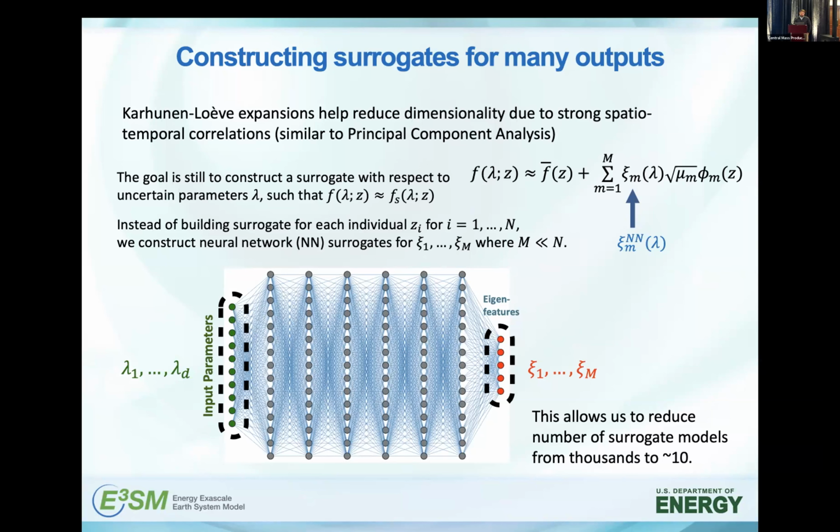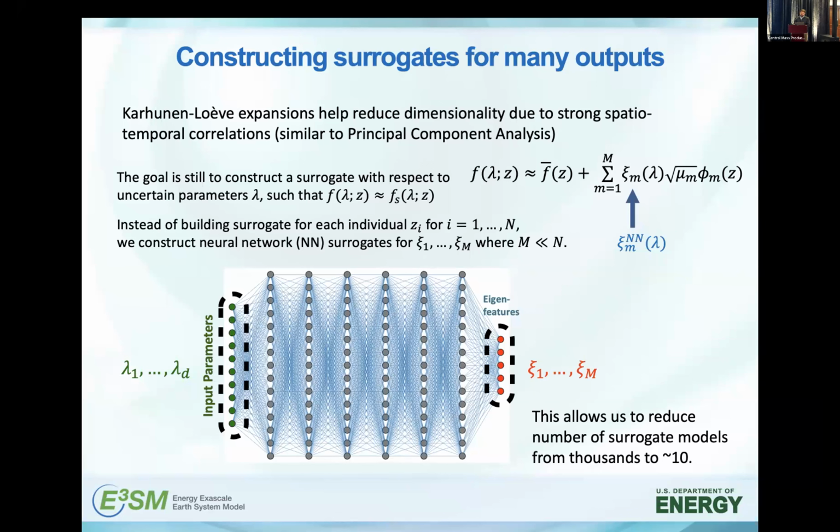And so the surrogate model in this case is an artificial neural network that takes as input the same parameters as ELM. So for example, parameters that control photosynthesis. Typically an output would be, for example, GPP, but in this case, we're taking that and we're doing this dimensionality reduction step.